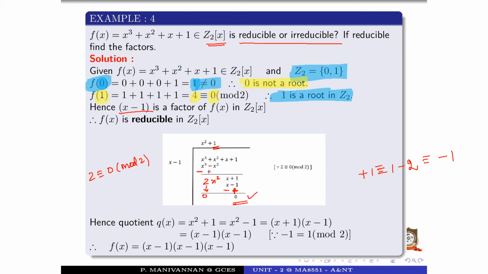Therefore, as the factors in Z2, it can be rewritten as x plus 1, x plus 1, x plus 1. It is the correct statement, since the coefficients are either 0 or 1. So x plus 1, x plus 1, x plus 1 are the factors of the given polynomial.